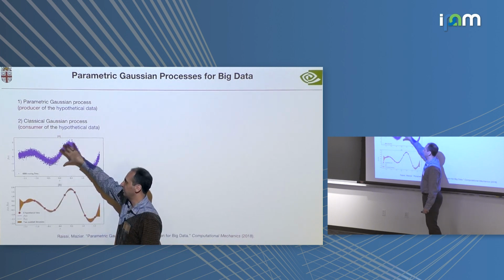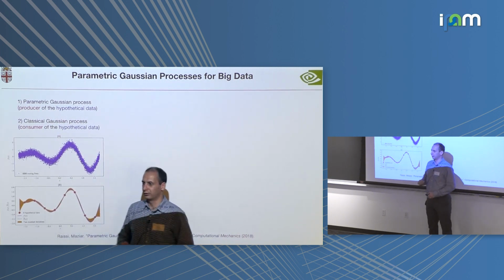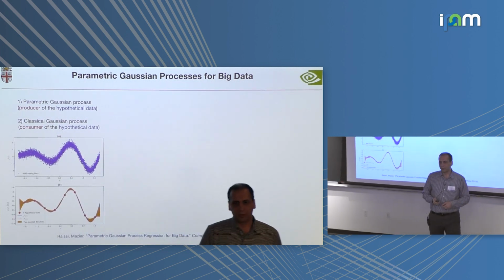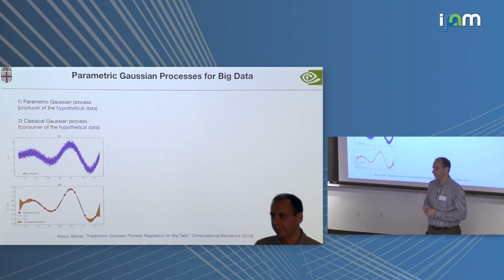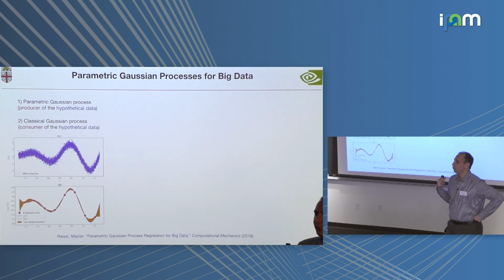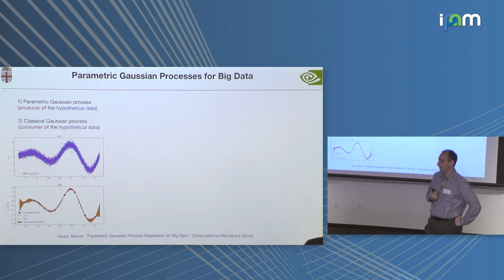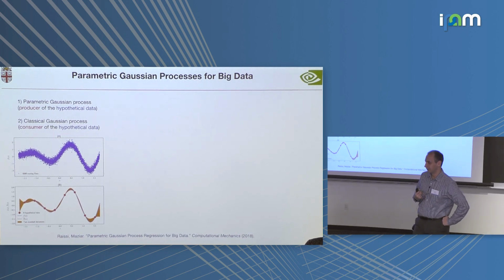Basically, we are summarizing this big data set into a hypothetical data set. And this idea is coming out of numerical Gaussian processes, where we had to generate artificial data out of our posterior. Same idea. And it's an idea that makes sense.